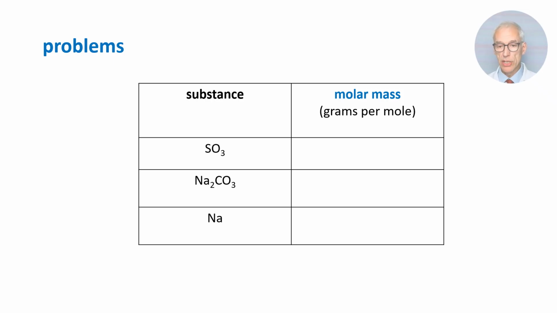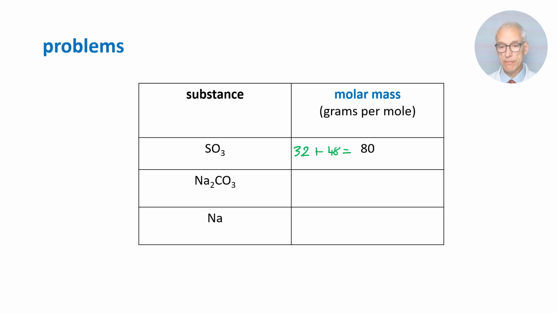Okay, so sulfur in the periodic table has a relative atomic mass of 32. I've got 3 oxygens, each of them are 16, comes to 48. So I believe that will come to 80 as the molar mass, 80 grams per mole for sulfur trioxide.